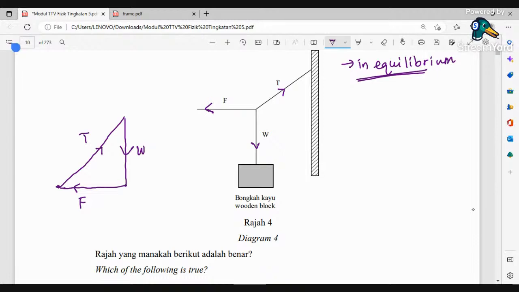So this one we call a closed triangle. For a closed triangle, resultant force equals 0.